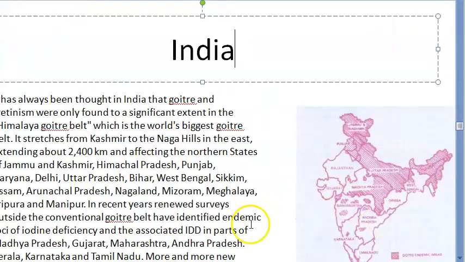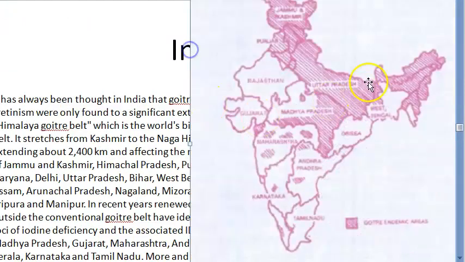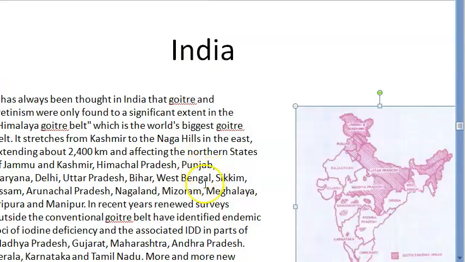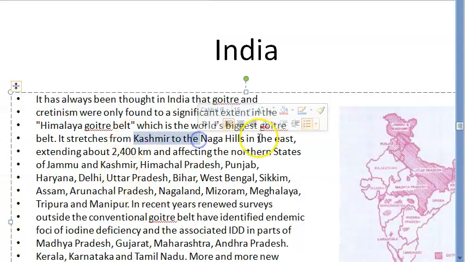So basically in India, they have a belt, the Himalayan Goiter belt, which is the world's biggest goiter belt. It stretches from Kashmir to Naga Hills in the east, extending for about 2,400 kilometers and affecting the northern states of Jammu Kashmir, Himachal Pradesh, Punjab, Haryana, Delhi, Uttar Pradesh, Bihar, West Bengal, Sikkim, Assam, Arunachal Pradesh, Nagaland, Mizoram, Meghalaya, Tripura, Manipur.